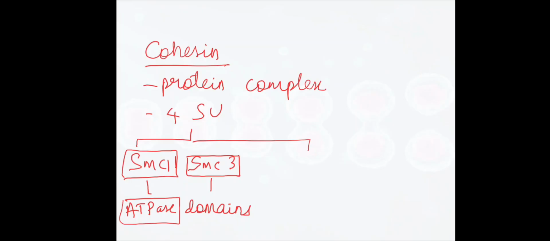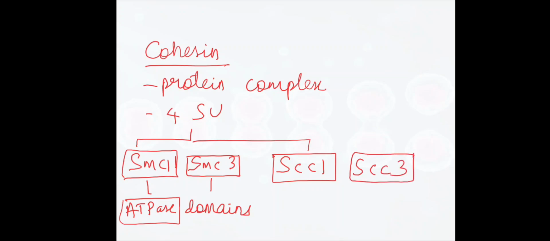And there are two additional subunits, that is SCC1 and SCC3, which connect the ATPase domains and form the ring structure. So which are the subunits present in cohesin? That is SMC1 and SMC3, which have ATPase domains, and the other two, that is SCC1 and SCC3, which connect the ATPase domains and form a ring structure.